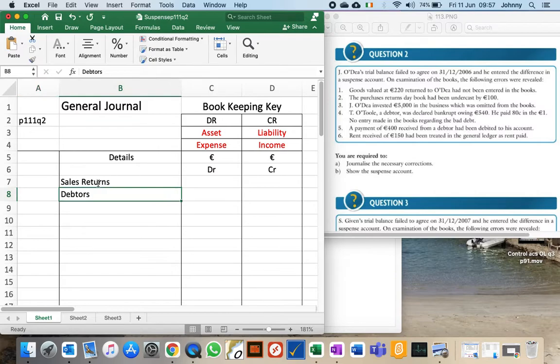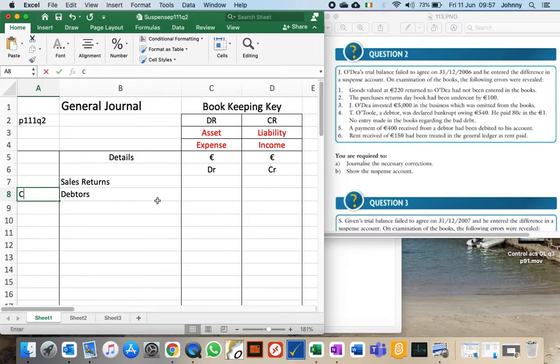Now we need to think about the debit and credit. I'll do the debtors first. According to my bookkeeping key, debtors are an asset, and they're in the DR column. If the debtors owe me more money, I'll have a debit entry in it. But in this case they owe me less because I've returned goods, so I'll have a credit.